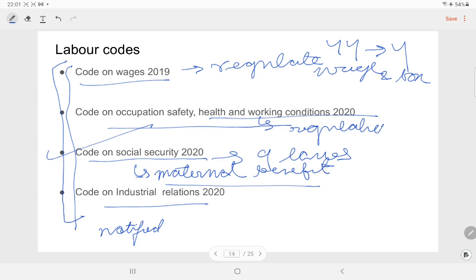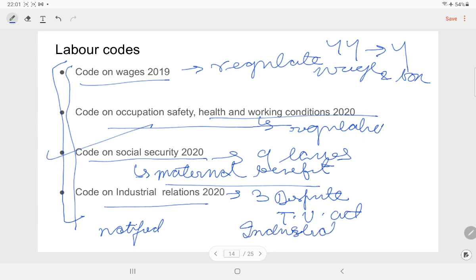And also there is one of the extensive laws, the Code on Industrial Relations, and it seeks to consolidate three labor laws: the Industrial Disputes Act, the Trade Union Act, and the Industrial Employment Act.